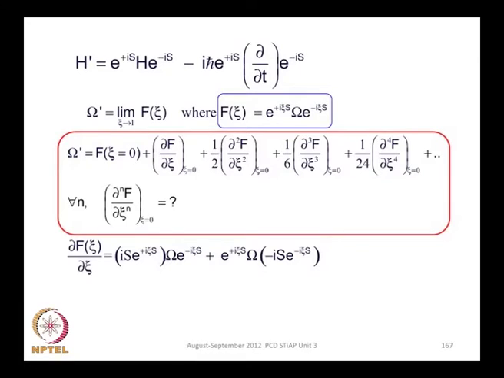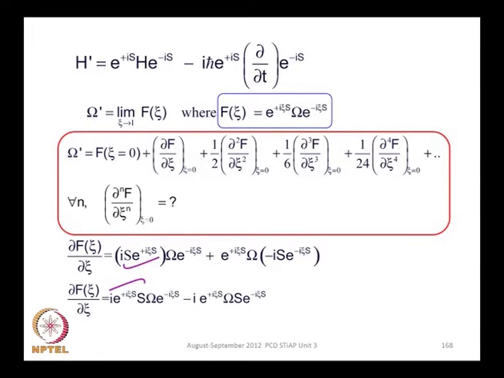So, the first derivative is e to the I s e to the I xi s, because e to the I xi s and s commute with each other. S may not commute with omega, but it does commute with e to the I s, because it is just a power series in s. And over here from the second term you get minus is, because this is e to the minus is.